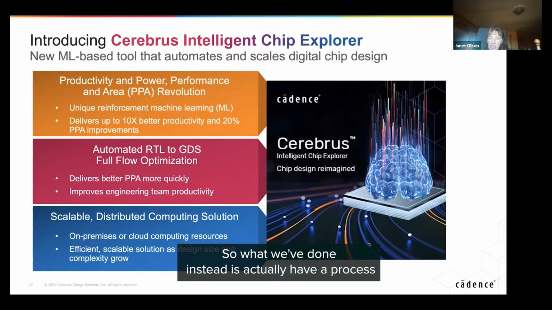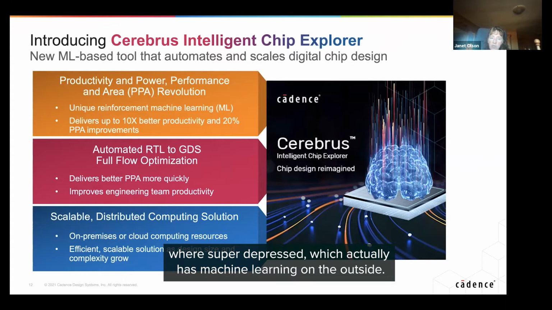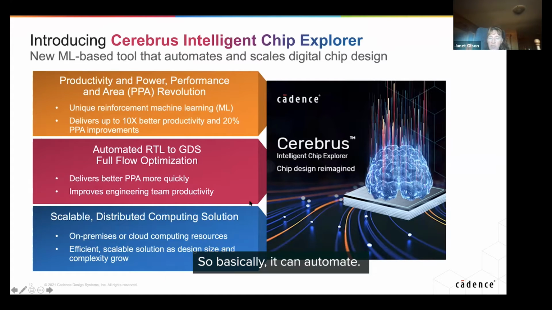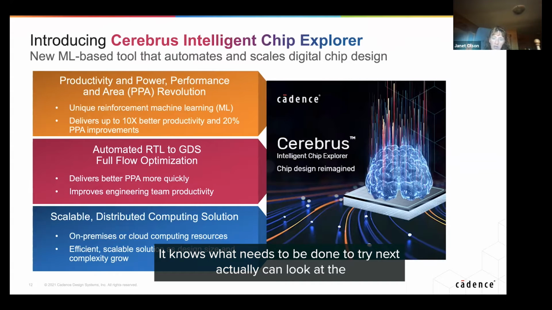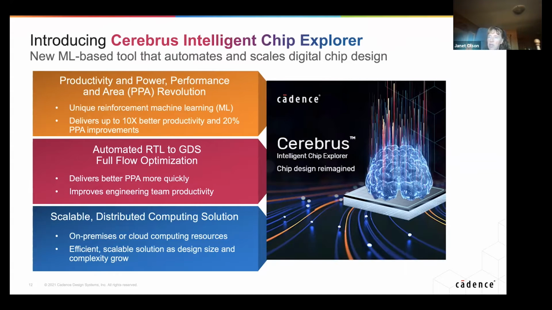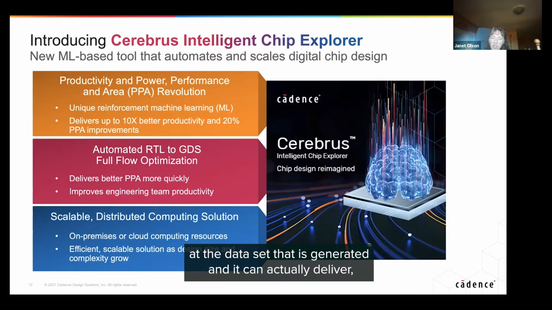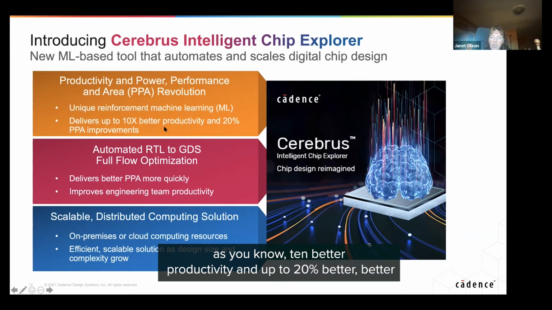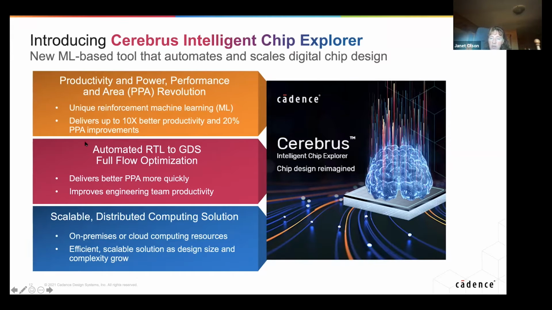What we've done instead is have a process where Cerebrus has machine learning on the outside. It looks at the results and knows what needs to be done or tried next. It can look at the data set that is generated, and it delivers 10x better productivity and up to 20% better power, performance and area.